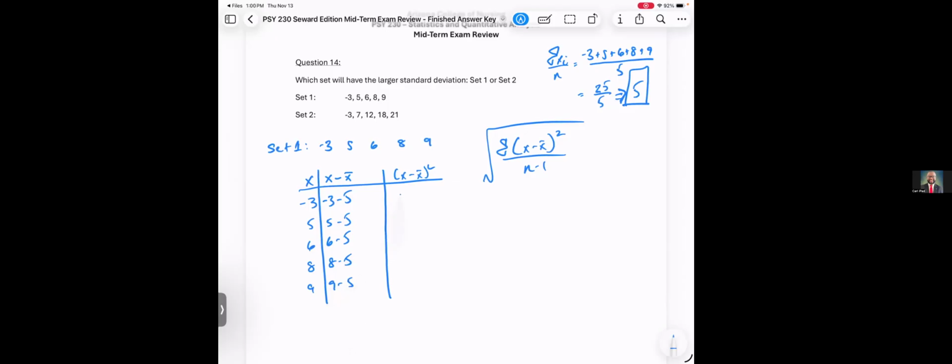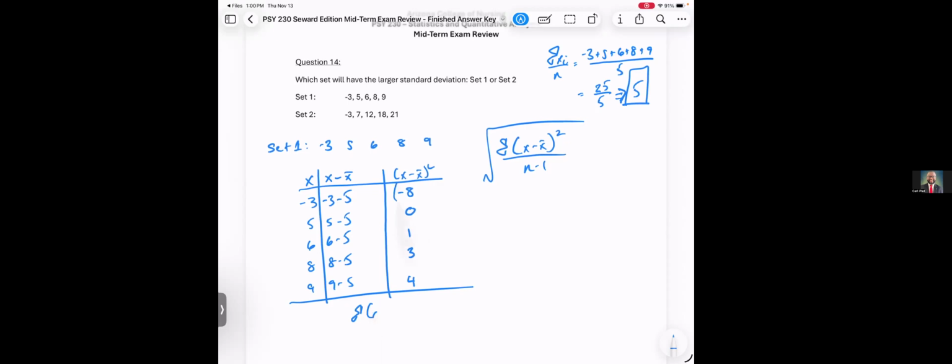Going back up here, -3 minus 5 is -8. 5 minus 5 is 0. 6 minus 5 is 1. 8 minus 5 is 3. 9 minus 5 is 4. And if I add these all up, I will get this.